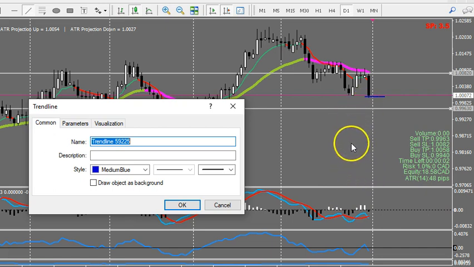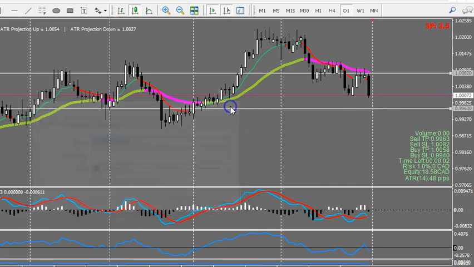Then a window will open up, and you just put in your inputs for your stop loss and your take profit. That's how you do that. Only after you enter the trade, that's when you put in your stop loss and take profit. Then you'll get the proper line showing up just like here. But I'm just showing you for illustration purposes.